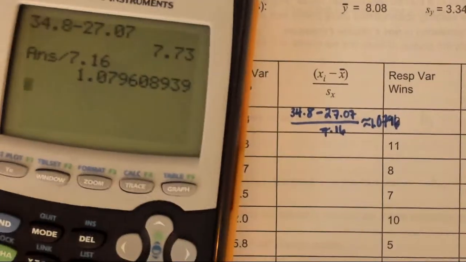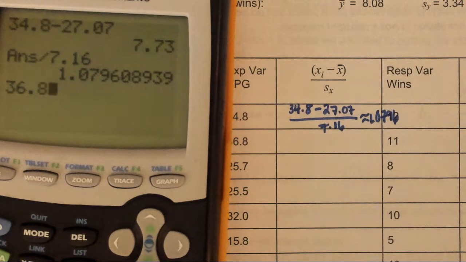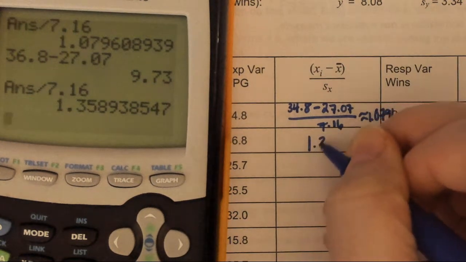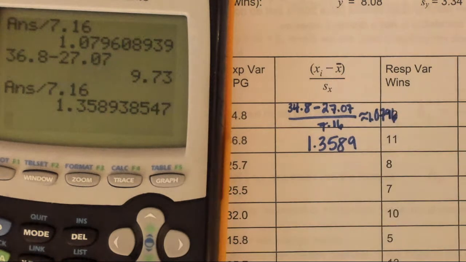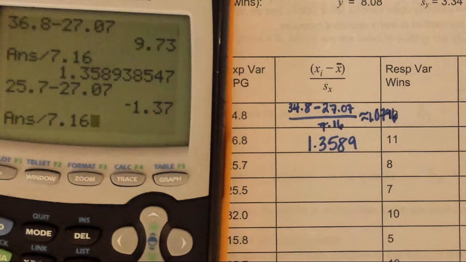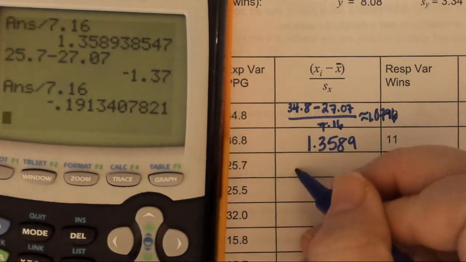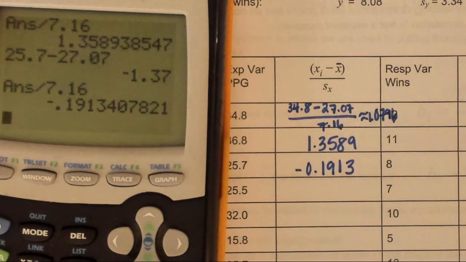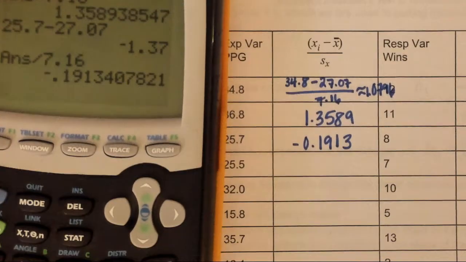So in my calculator, 36.8 minus 27.07 divided by 7.16, I get 1.3589. 25.7 minus 27.07 divided by 7.16, I get negative 0.1913, which makes sense because 25 is smaller than 27, so it makes sense we got a negative that time.